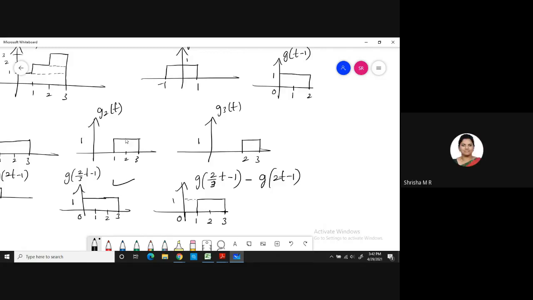This is g2 of t, correct? g2 of t we can write as g of t minus 2. Just a minute.